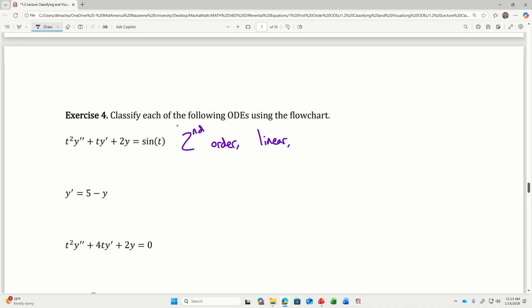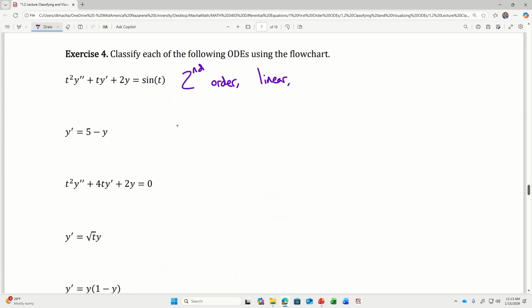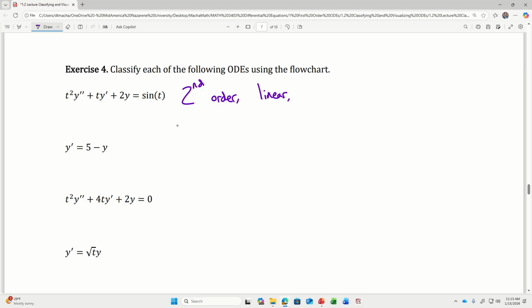And what's the next thing? Is it constant coefficients or non-constant coefficients? My coefficients here are going to be t squared, and then t, and then 2. Those are what we call the coefficients. It's the stuff that multiplies the y's and the y primes.